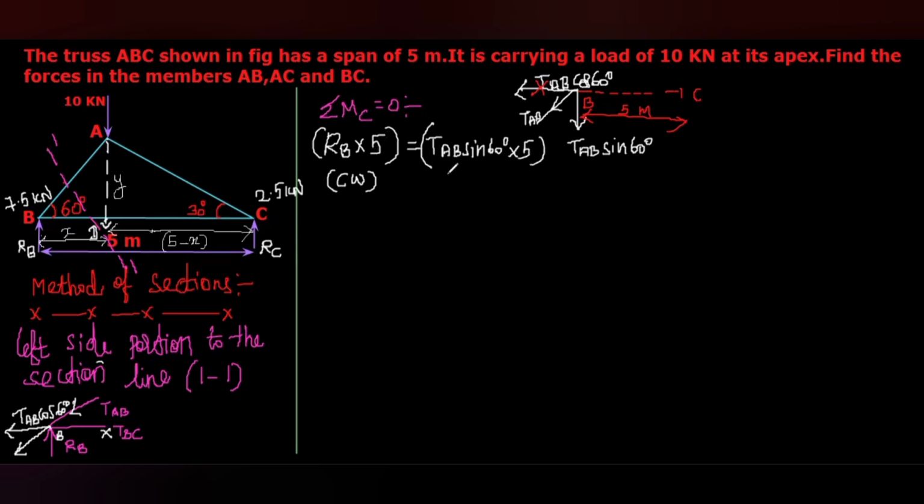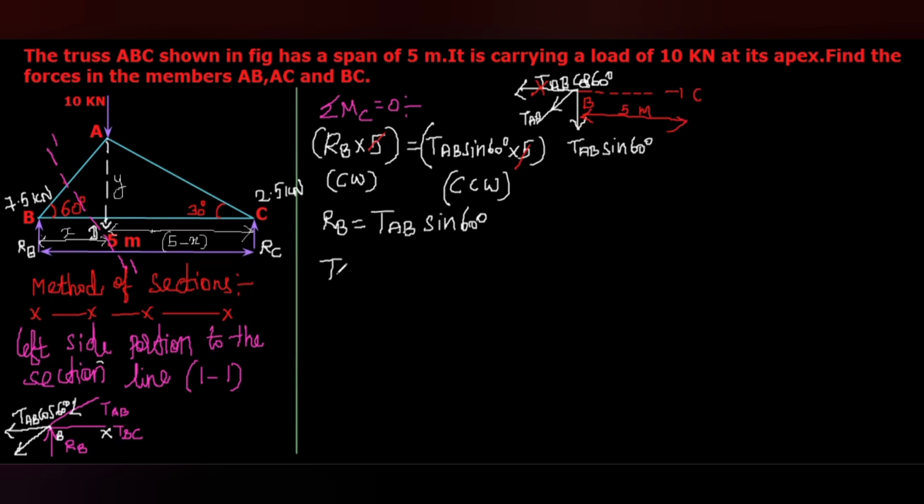So now we can cancel this 5 and this 5. This will be a counterclockwise moment. So we can write RB equal to TAB sine 60 degree.